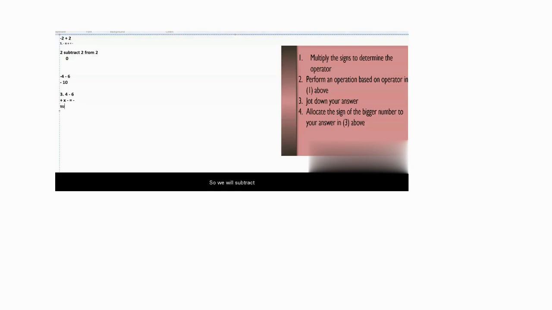So we will subtract 4 from 6. That gives us 2. Allocate the sign of the bigger number to your answer. The bigger number is 6 and it is negative. So our answer is going to be minus 2.